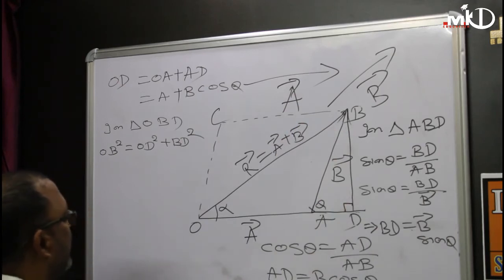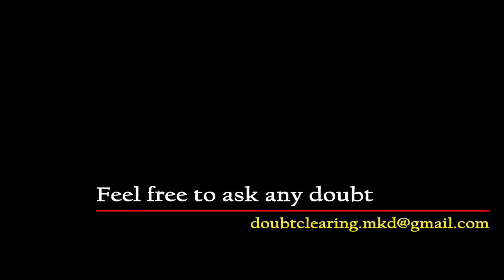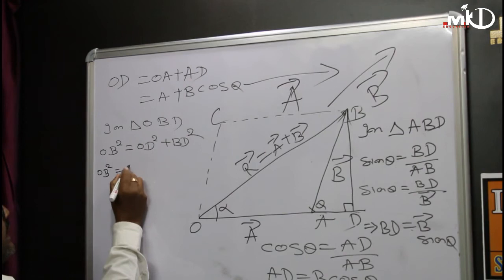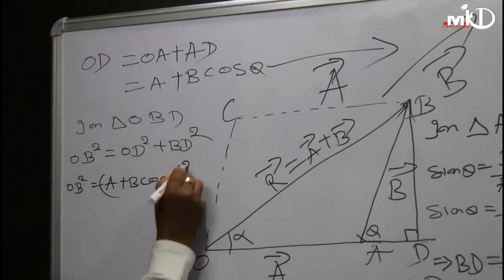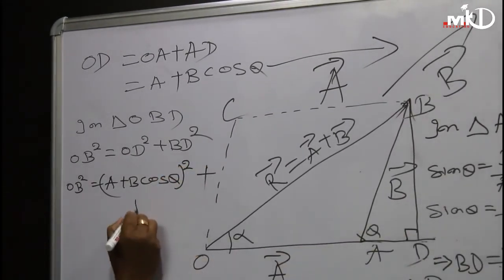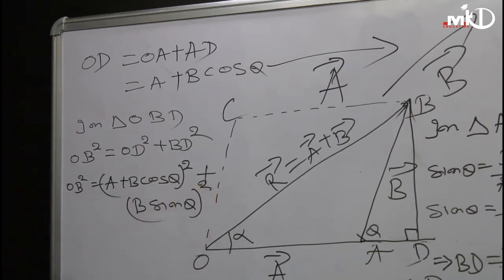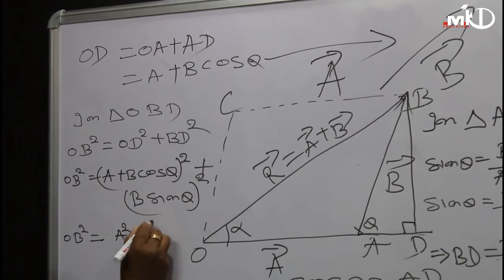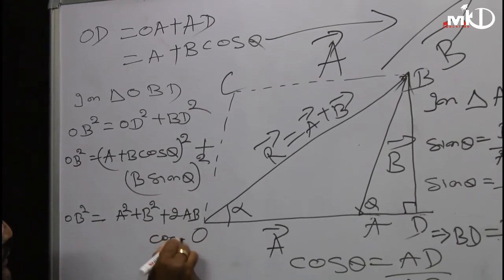Now we are going to put in the values of OD and BD. So OB square is equal to A plus B cos theta, whole square, plus B sin theta square. By evaluating this, you will obtain OB square is equal to A square plus B square plus 2AB cos theta.